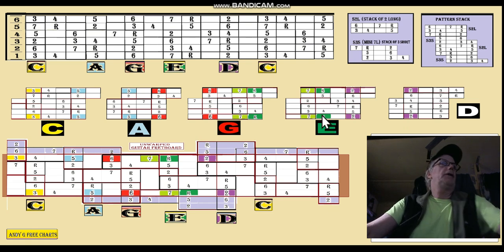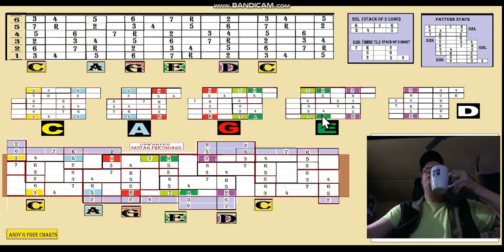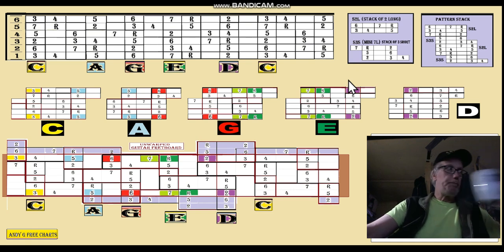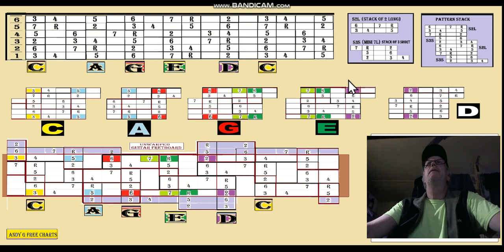Now this is a keyless chart. There are colors, but in this particular chart it doesn't have a little keyboard that shows you the colors. I didn't have a little white keyboard icon I could show you.